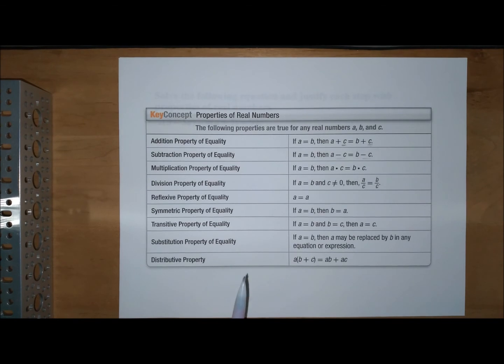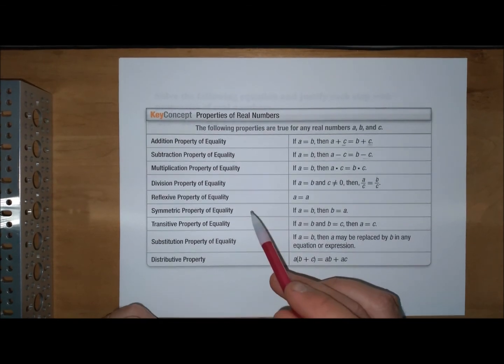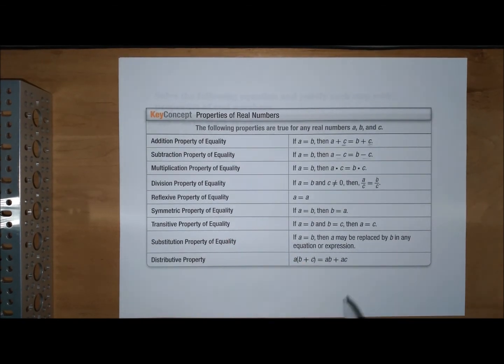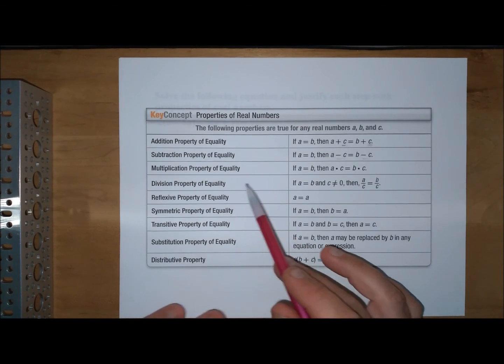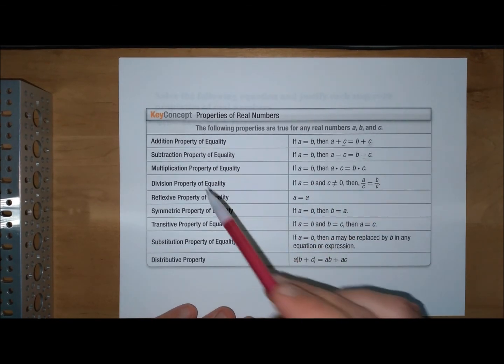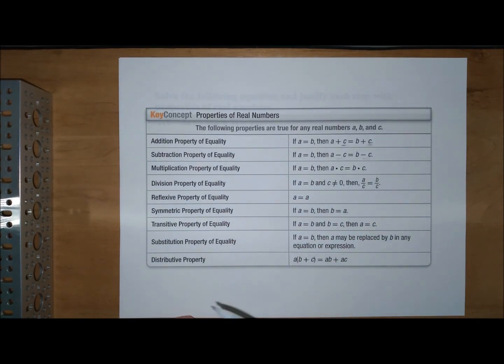As we move on to doing proofs, we can use these as reasons, justifications for the work that we're doing, which is really what you're already doing when you solve equations. You're just not stopping to state it every time you do it.